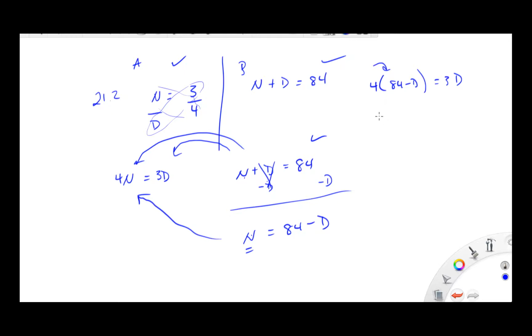This is a pretty simple setup, and you can find out what both the numerator and the denominator are, because once you find d, you can plug d back into this original equation and come up with n. All right, let's look at the next one.